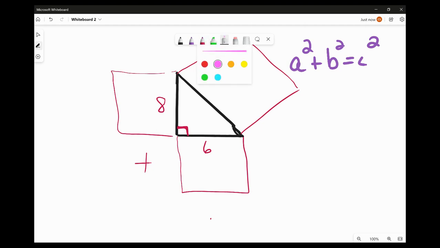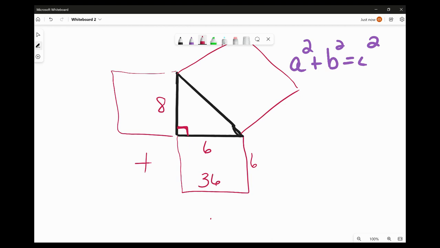Let me change the color here so we can see it better. All right, let's take a look at this square right here. The side length is 6, which means this side length is also 6. If I want the area of that square, remember the area means length times width, so it would be 6 times 6, so the area would be 36.